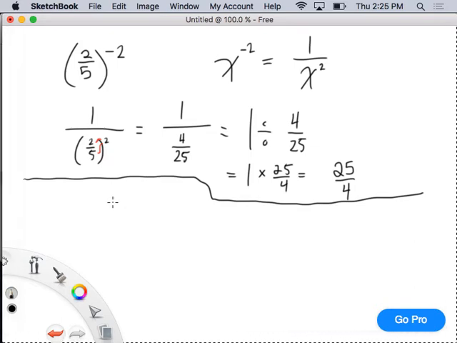So let's go ahead and do one on our own. 4/3 to the negative 3. Go ahead and do that one on your own, please.